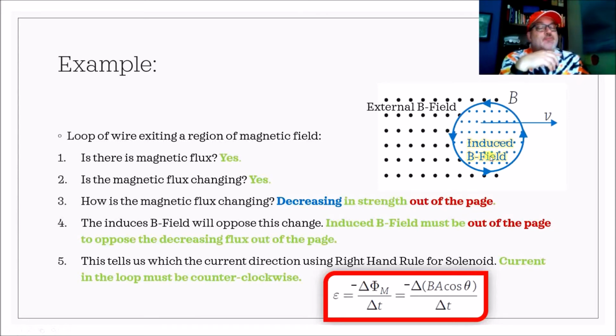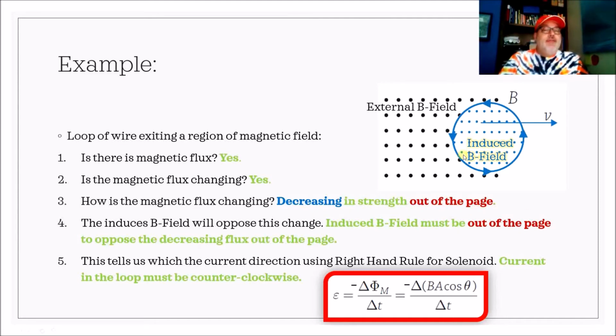So it's out of the page but decreasing. So we don't want this out of the page to decrease. So we need more out of the page magnetic field to try and keep it the same. So this loop will get a current that is counterclockwise to produce a magnetic field out of the page to try and oppose the change.